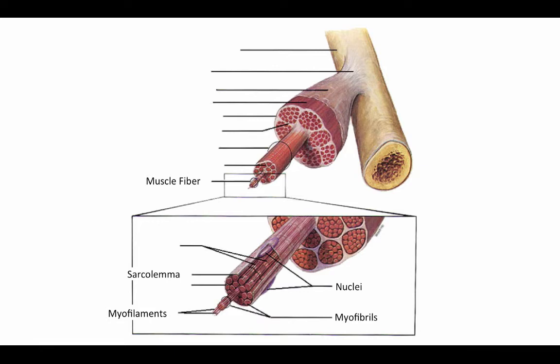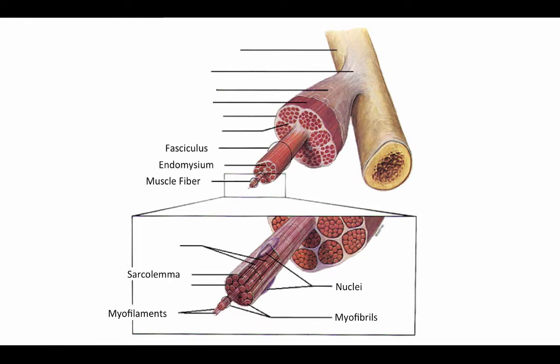These muscle fibers, in addition to having the cell membrane, the sarcolemma, are also surrounded by a layer of connective tissue called the endomysium. It's these layers of connective tissue that you see as white surrounding each of these muscle fibers. These muscle fibers are in turn grouped together to form a structure called a fasciculus.